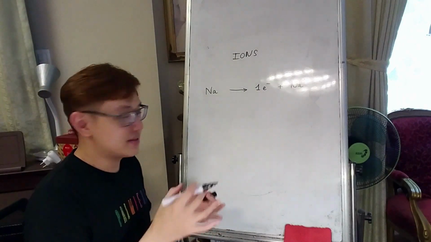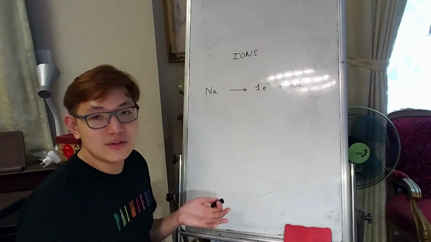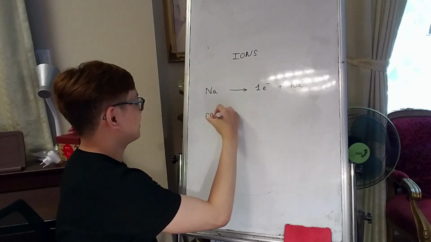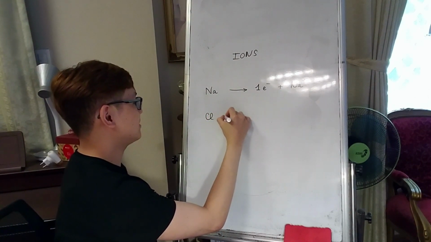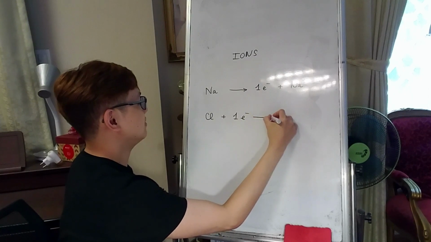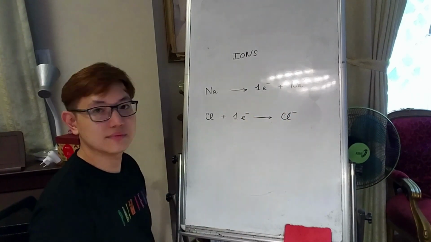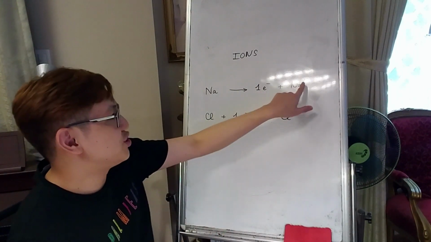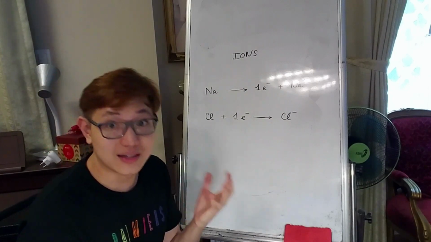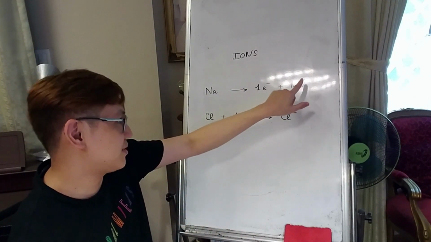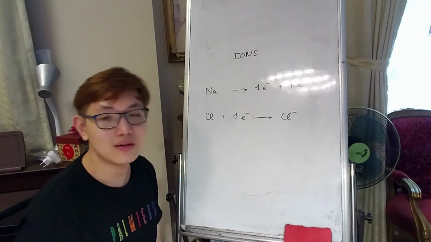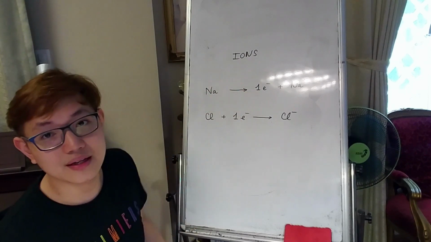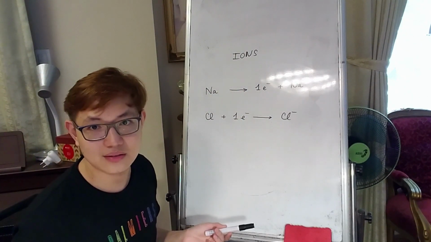And the vice versa, the reverse thing could also happen. So when you gain a negative thing, you become more negative. For example, like this, chlorine atom, you add one electron, it will become chloride minus ion. So once again, what is an ion? Ions are charged particles, either positive or negative. They are the result of gaining or losing electrons from the neutral state.